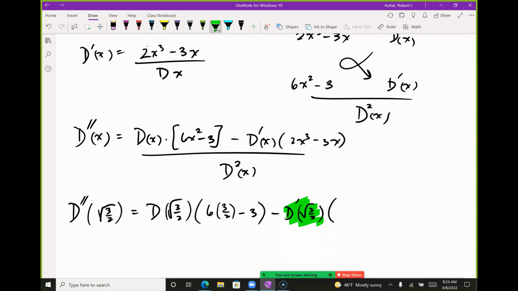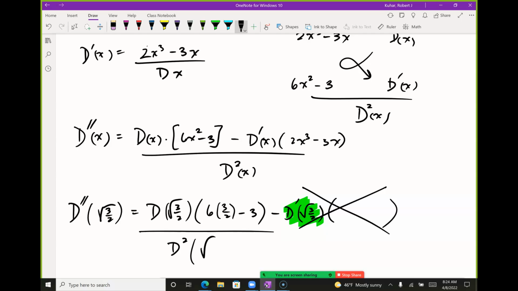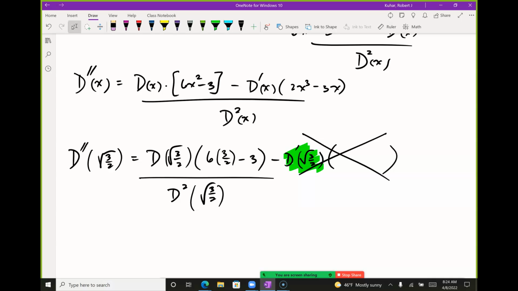Let's see. It's 0 because it's the critical value of the first derivative. Because we already found it. So I don't even care about the rest of this. That piece is 0. So now I'm dividing by d squared of square root of 3/2. Look at what happens.